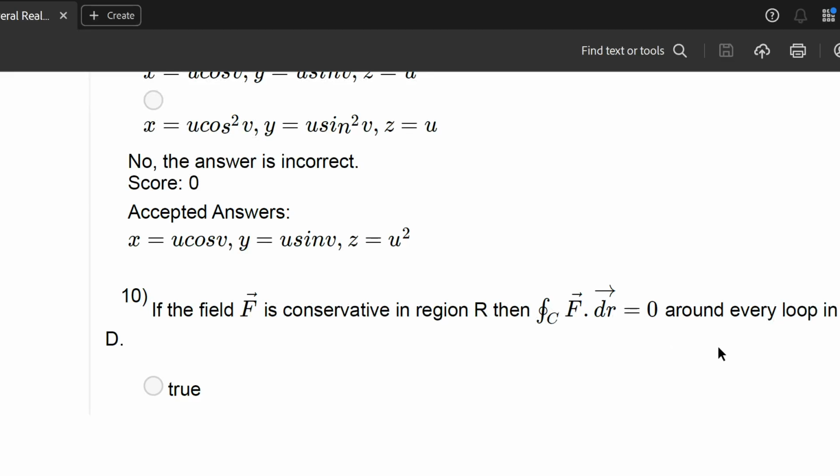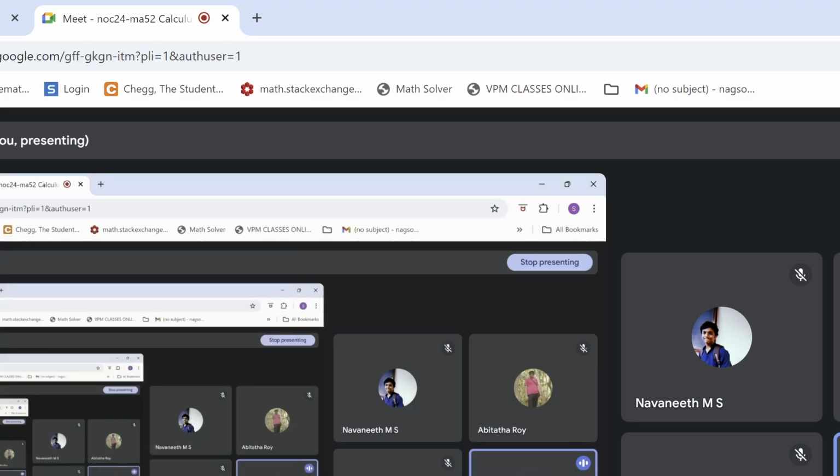But for a closed loop, the initial point is the same as the final point. So that means the value is 0. You want to say like this, ma'am, or Abhitato? Whatever I said?